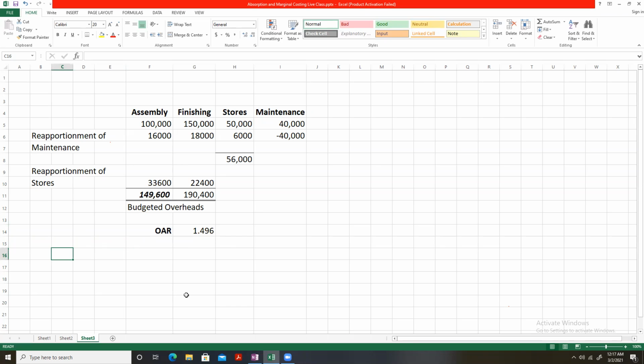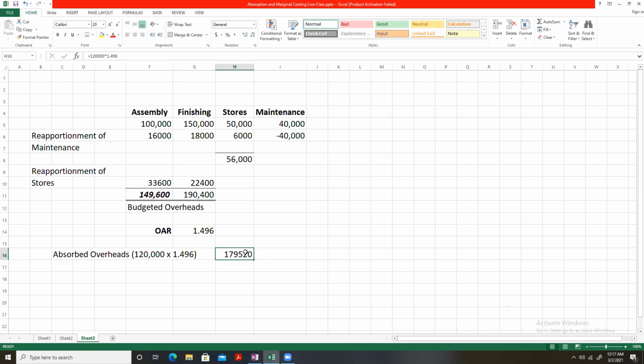So absorbed overheads will be 120,000 units multiplied by this overhead absorption rate, 1.496.